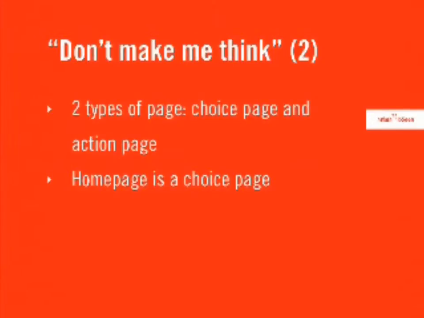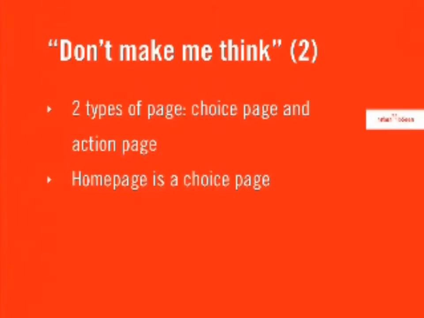For that we actually use two types of pages. So creating a website is not so difficult. You have a choice page and an action page. I will show an example of the first one. The page where you have to make a choice means a page where there's not a final answer for the user, but where he needs to choose which link or which button to click to get closer to his answer.